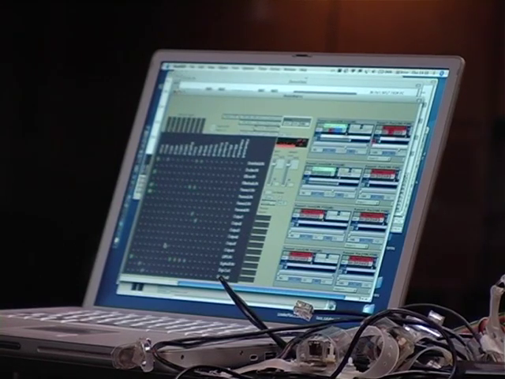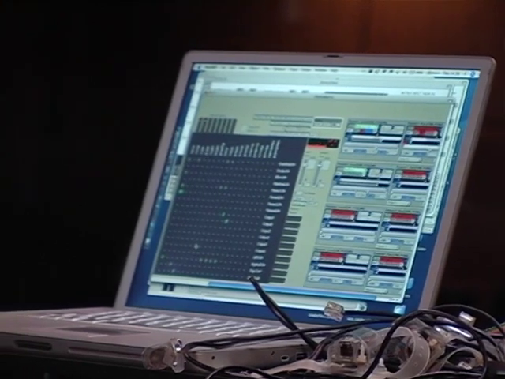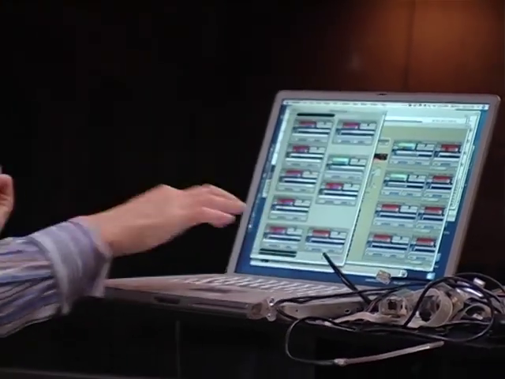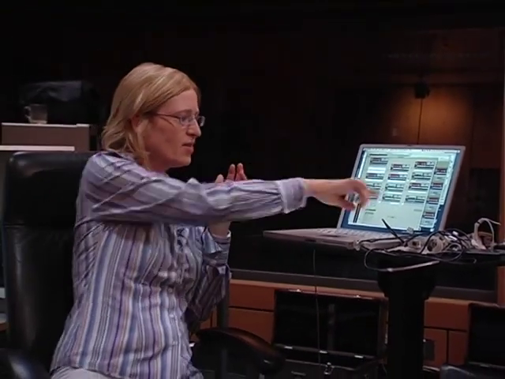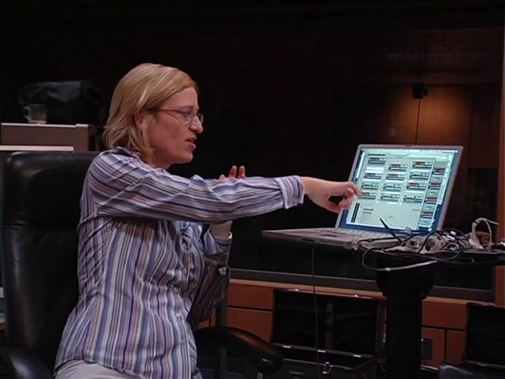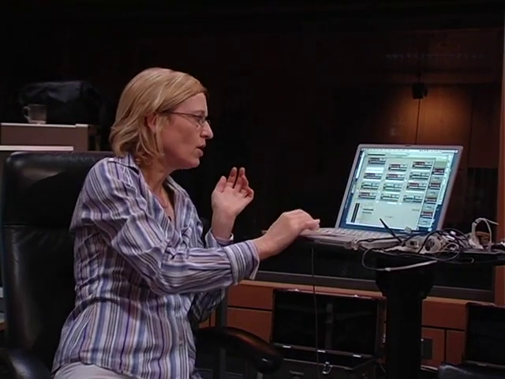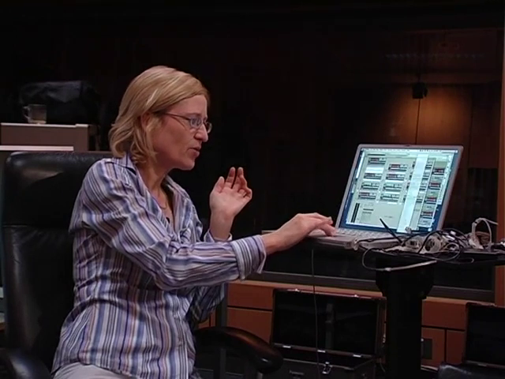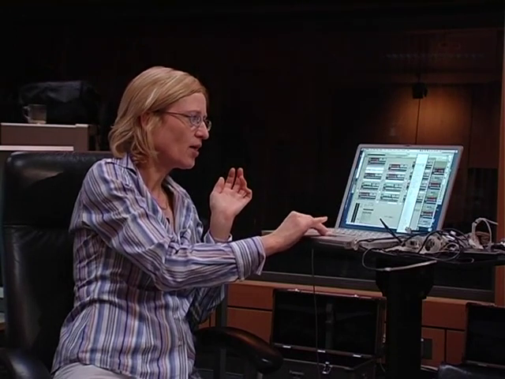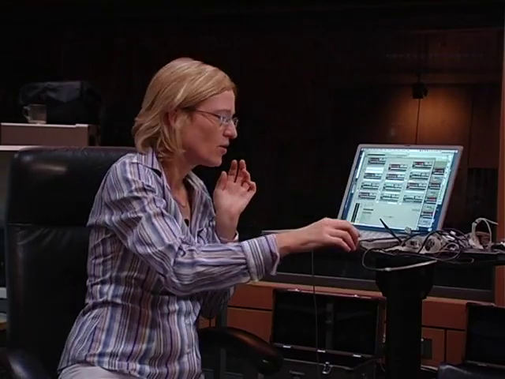La, la. Or in this case, it's controlling the output of my granulation. Or I could have exactly that same output controlled by a sensor.